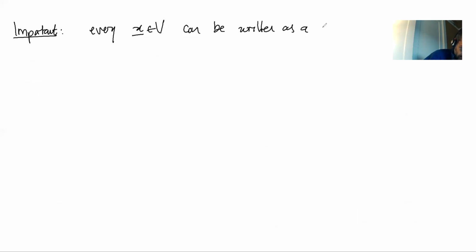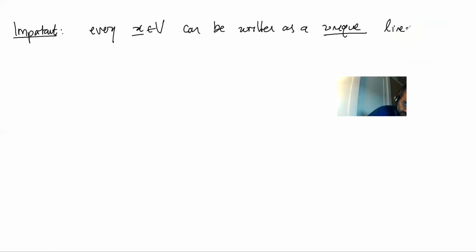Okay, so what's the consequence? Or maybe I'll just write this as an important fact, which follows from our discussion. Every vector in V can be written as a unique linear combination.